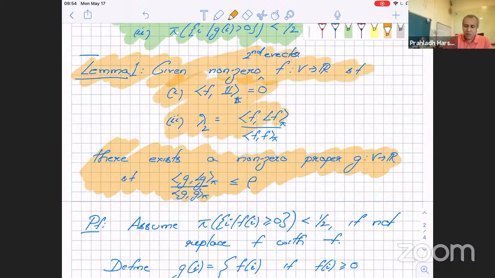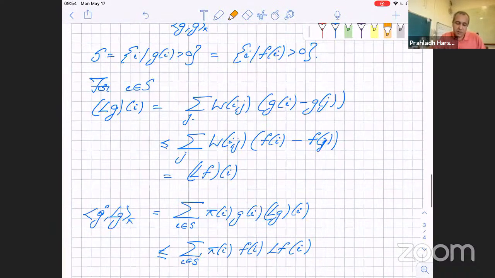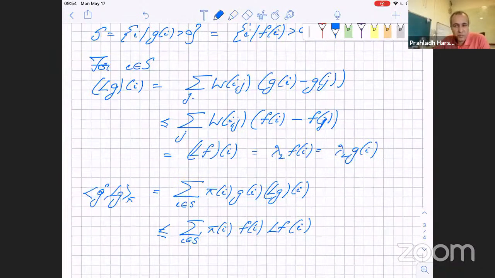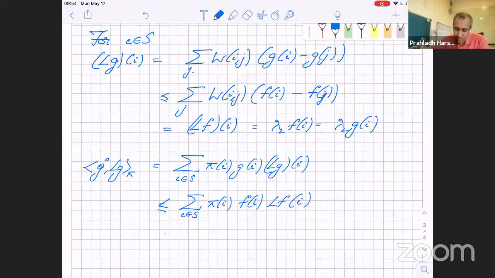I take f to be this. This proof can be modified, but the proof I have written over here is this. So because f is a second eigenvector, this is actually equal to lambda 2 f(i), which is the same as lambda 2 G(i).